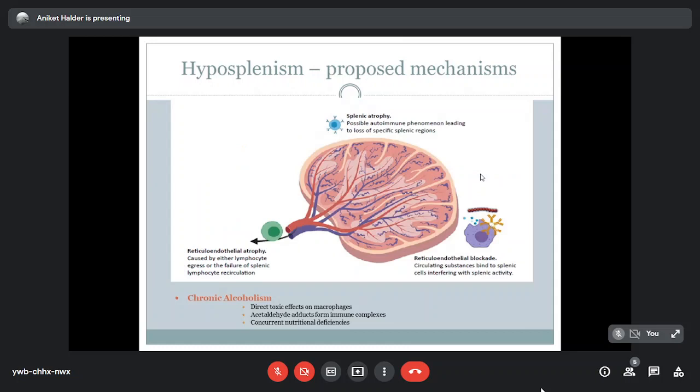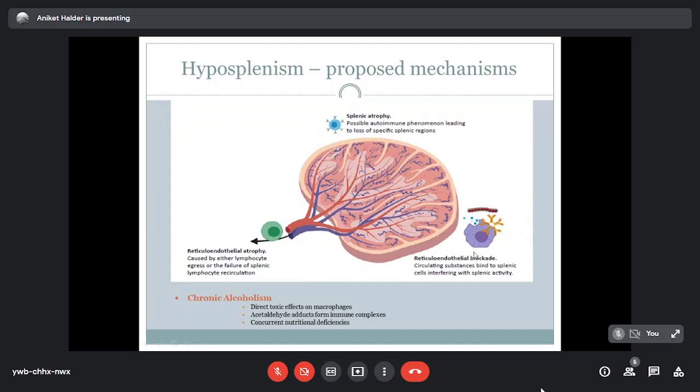The basic mechanism behind hyposplenism in these GI disorders is due to three causes. The first cause is the reticuloendothelial blockade. The reticuloendothelial blockade is due to increased circulating antigen-antibody complexes in celiac disease.